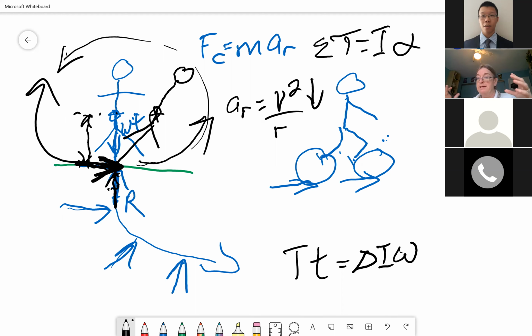Or we take a really big curve, which makes the R bigger, which again will act to minimize that radial acceleration and therefore minimize the centripetal force.